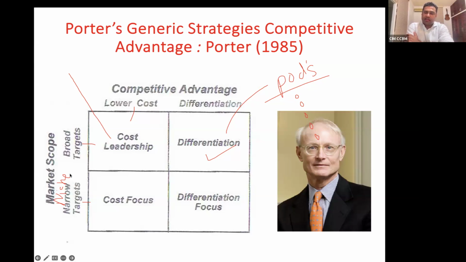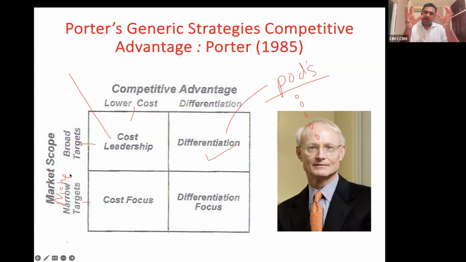If you look at the high-end cars, Maserati, Ferrari, Mercedes E-Class, all those target a narrow market. Their customers are only few. They don't target the broad mass market. Cargill's, Walmart will target the broad market.